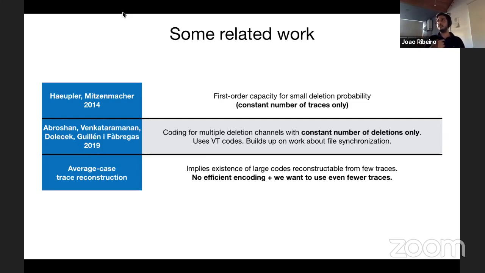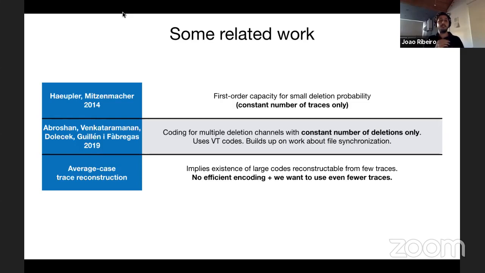In our case, the number of traces will scale with the block length. They basically determined the first order capacity for small deletion probability. So this generalizes a well-known result from the late 2000s. But this cannot be generalized from a constant number of traces to a varying number of traces.